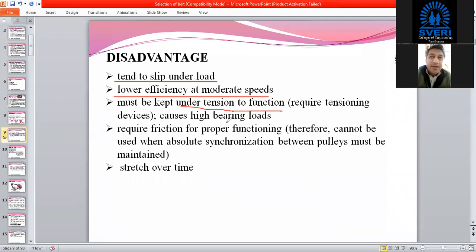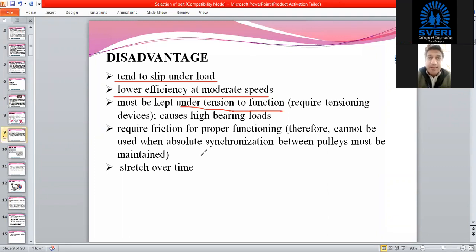So a tensioning device is required, that is an idler pulley, or regular maintenance is required for that. Then friction is required for proper functioning, that is, you have to avoid some sort of wear of the pulley as well as the belt.